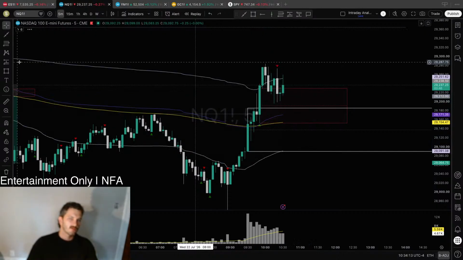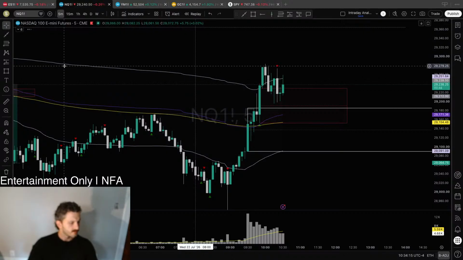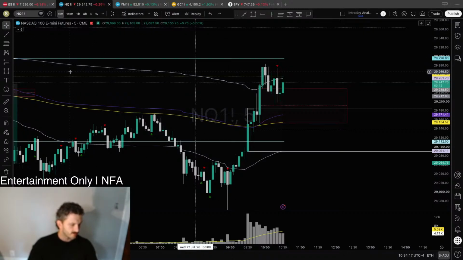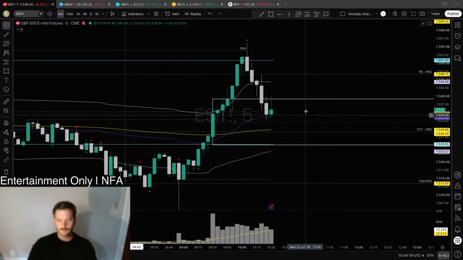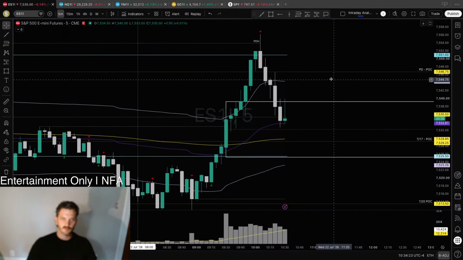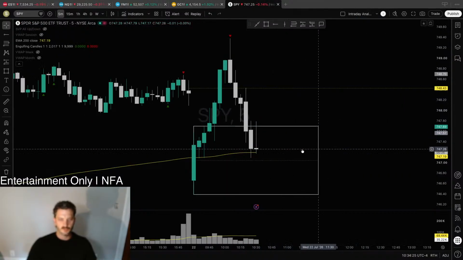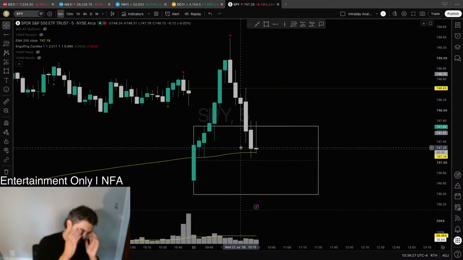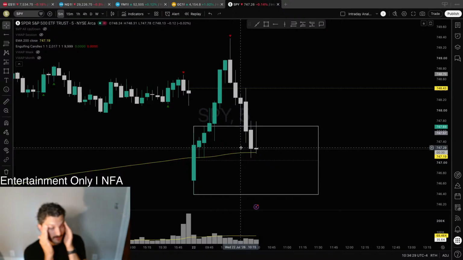Not saying, just saying. Did you enter long? No, I did not enter long. I'm actually thinking shorts. We were just talking about the bounce off that 200 EMA. I have not entered a trade yet.